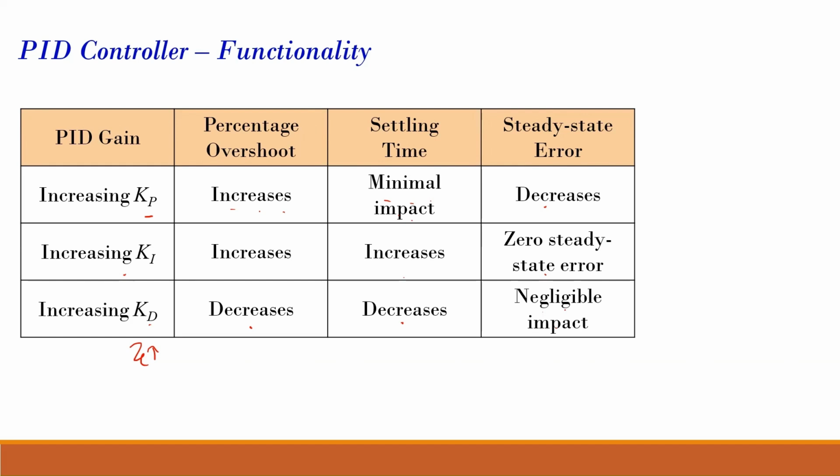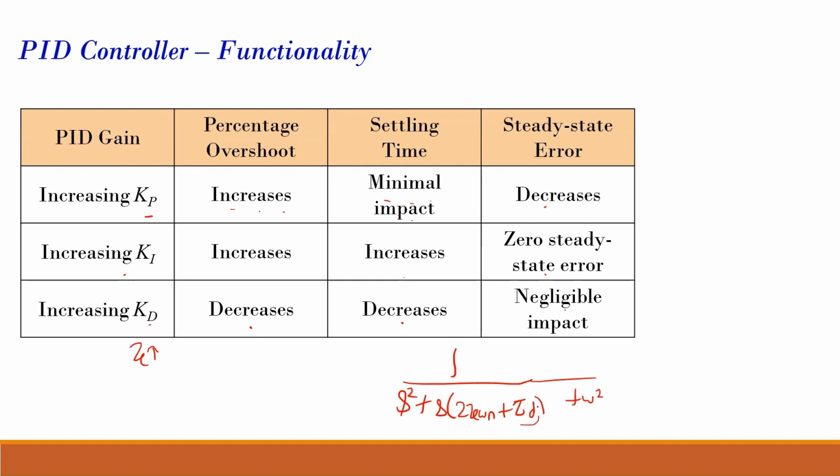Intuitively, for KD, if you add derivative control and then find the transfer function, you will find this for KD. I remember, for others I'm not able to say. It will come as S squared plus S into your original 2 zeta omega n plus tau d, plus omega squared, something like that.